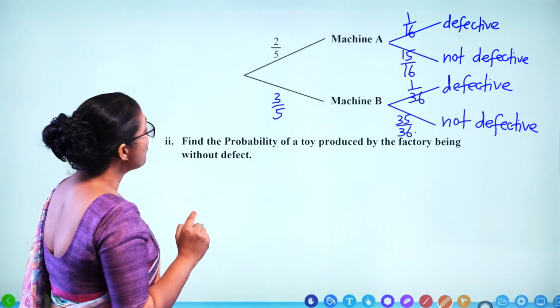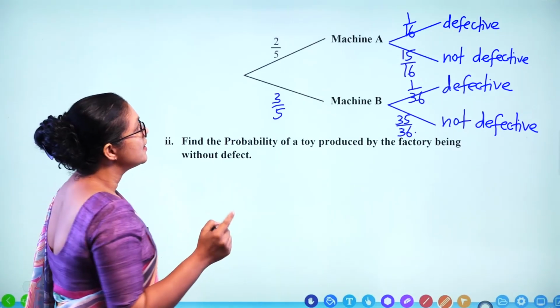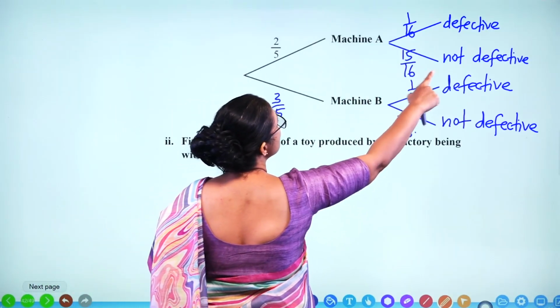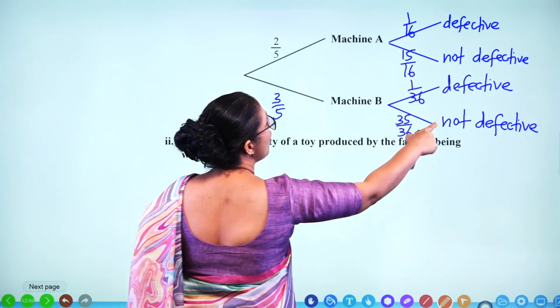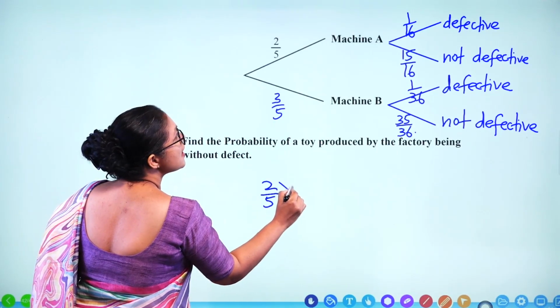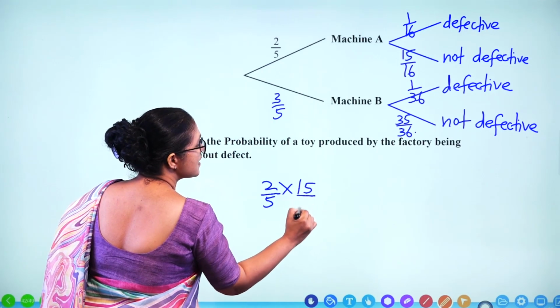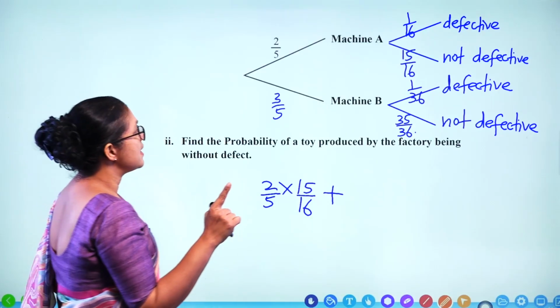Part 2, find the probability of a toy produced by the factory being without defect. So that means this branch, getting a non-defective one, or this branch. If it's machine A, 2/5 into 15 over 16. Or means addition in probability.